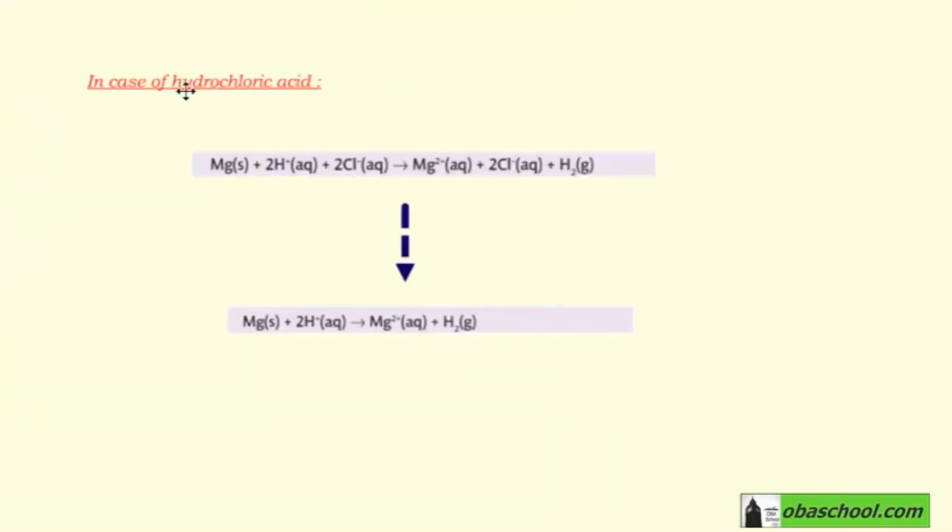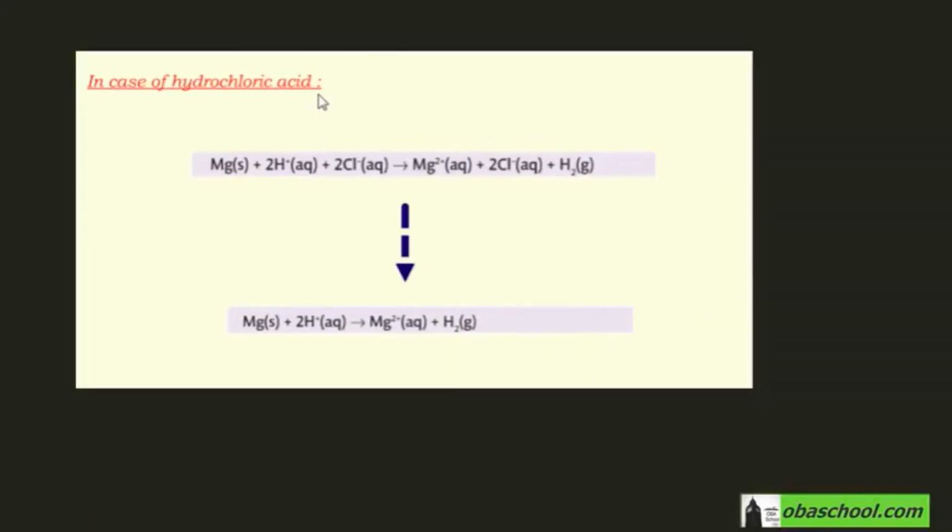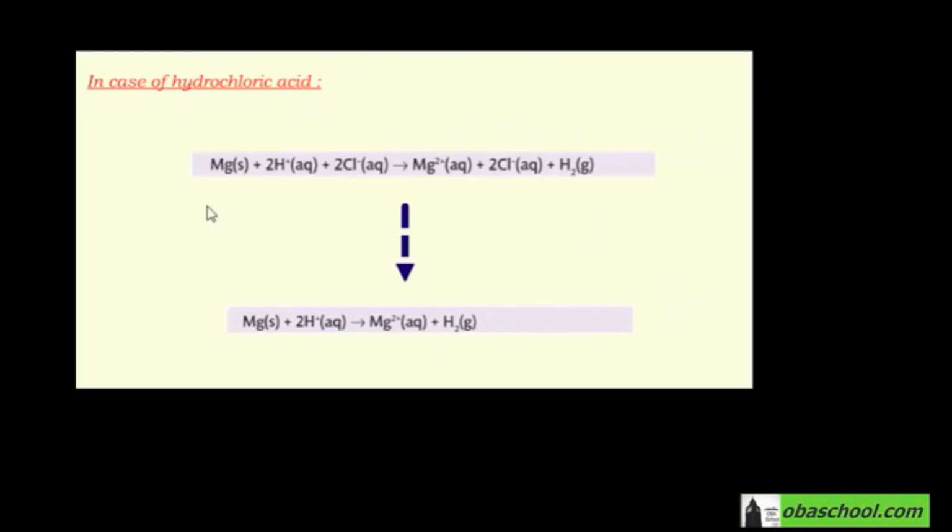Now in the case of hydrochloric acid, we have magnesium plus HCl written as 2H+ and 2Cl-, reacts to give Mg2+ and 2Cl-, which is magnesium chloride, plus hydrogen gas. Let's see where the spectator ions are.